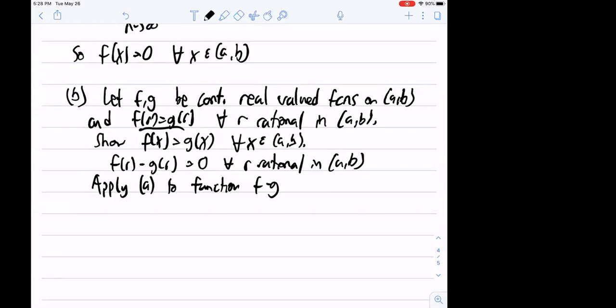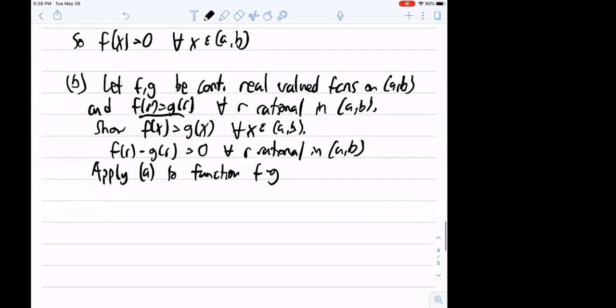Because if F is continuous and G is continuous, the difference is still continuous. Everyone good so far? Basically this says if two functions are continuous and agree on the rational numbers, they're the same function.